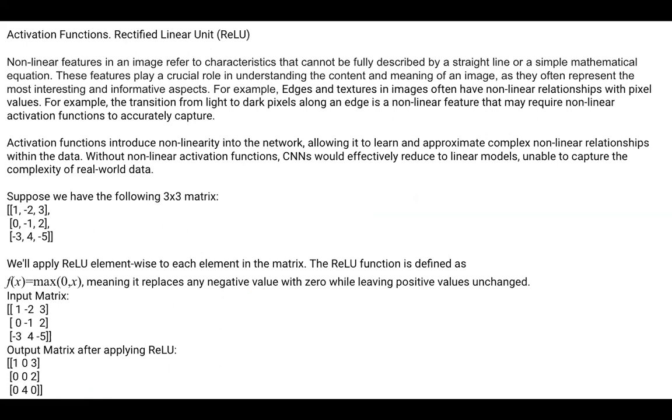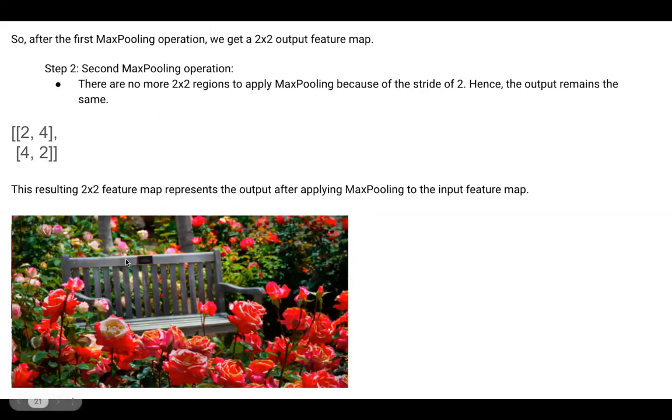Activation functions are used to identify these non-linear characteristics of the image. They are called non-linear features. The depth, the color: each one is a different color. These are not all red roses, right? These are pink, some of them are slightly white, and there are different shades of green.